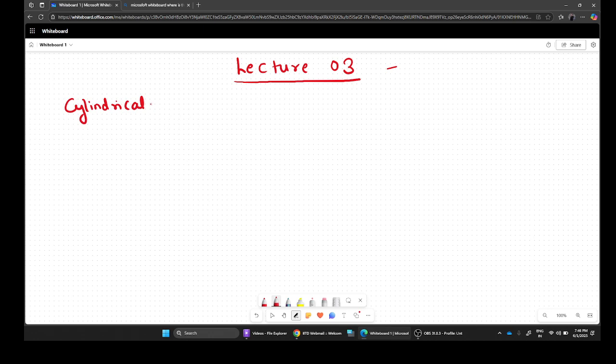type of coordinate system, which is called the cylindrical polar coordinate system. First, we will describe this coordinate system. We will describe its unit vectors.